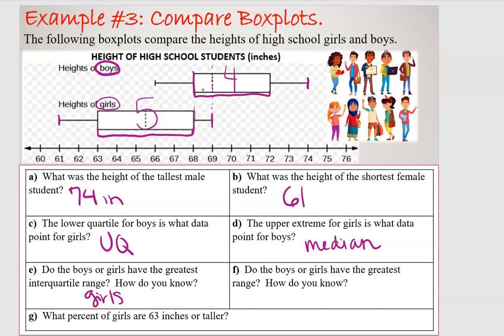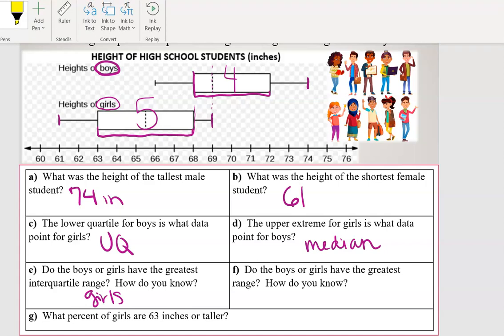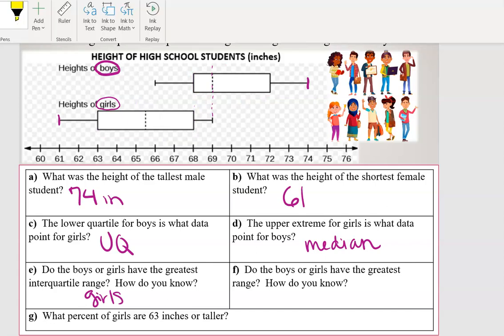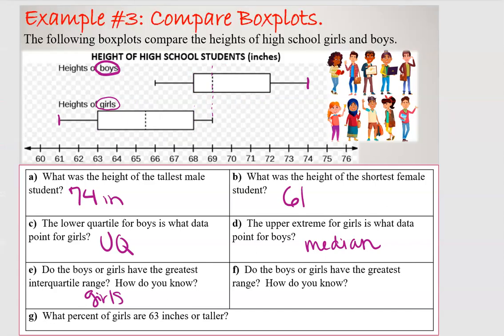And then do the boys or girls have a greater range in general? So I'm going to go ahead and erase all the stuff that we have here so it's not confusing. In order to find that range, we have to use the min and the max of all of the data. So for the boys, it has a max of 74. We need to subtract its minimum, which is at 66.